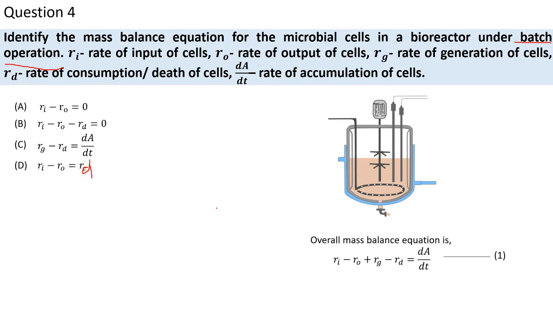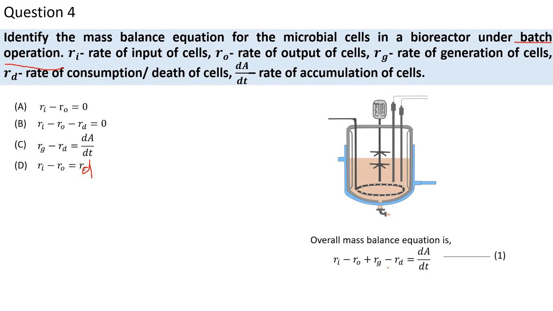So plus generation of cells, and if there is generation, after a certain point the cell death will also be there, right? So minus rate of consumption. If you just subtract rate of generation minus rate of consumption, this is the overall equation, which will be equivalent to the rate of accumulation of cells.